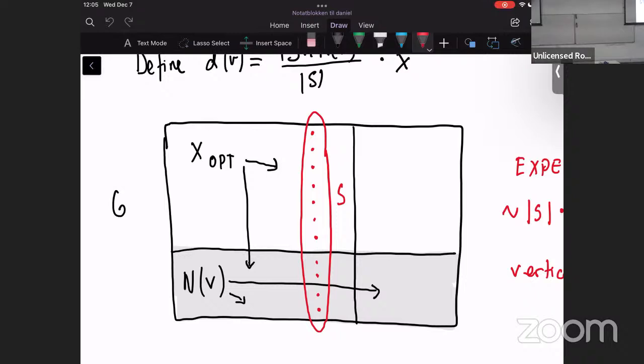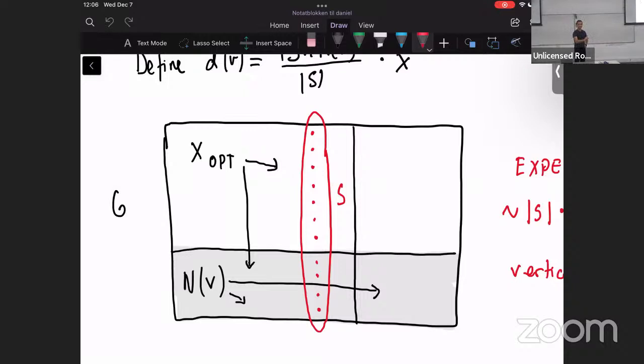Well, it's N(v) intersection X opt, so it's this area divided by all of X opt, because I'm picking from all of X opt. The probability that I end up in N(v) is just |N(v) intersection X opt| divided by |X opt|. So that is my probability of a bark, which I don't know because I don't know N(v) intersection opt.